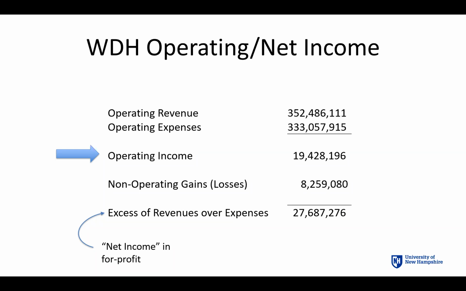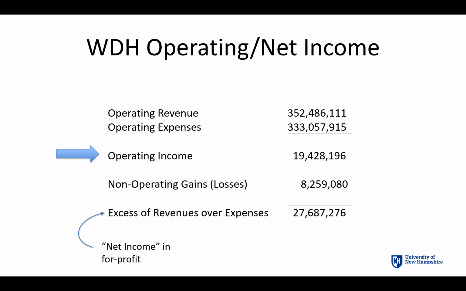And then we wind up with this last line. We take operating income, and we subtract the non-operating gains and losses. Sorry, in this case, because it's a positive number, we add it. They had 8 million in non-operating gains. We add that to the operating income, and in non-profit speak, that gives us the excess of revenues over expenses.